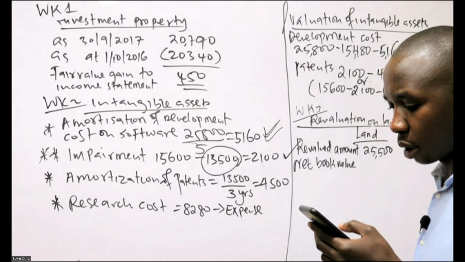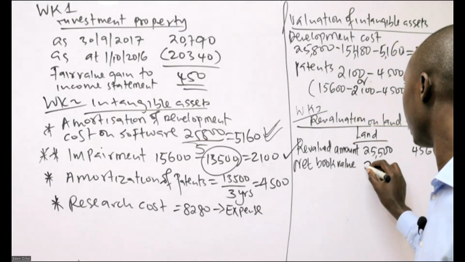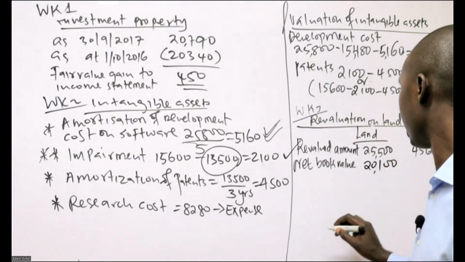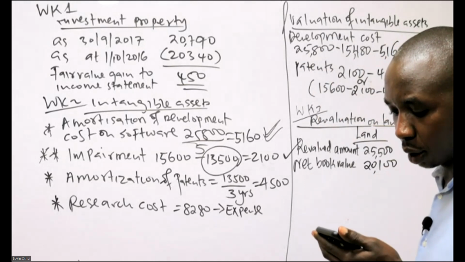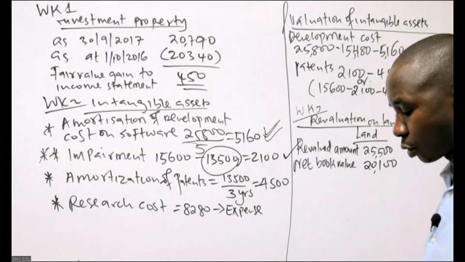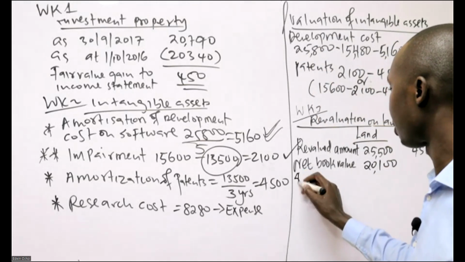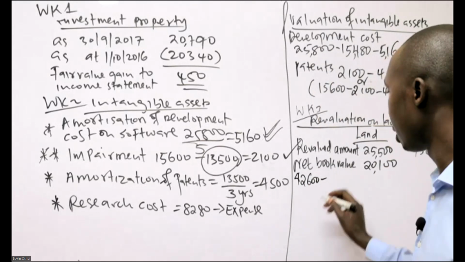So land, according to the trial balance, was stated at 20,100. What about buildings? Buildings were stated at 42,600 minus accumulated depreciation of 6,390.